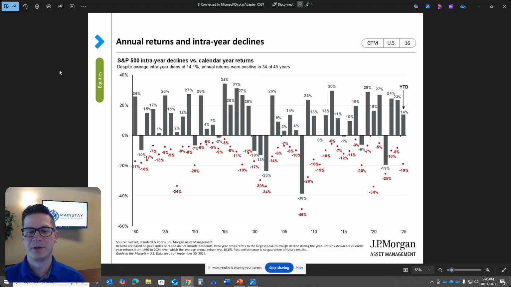Very simply, we have the market returns from 1980 all the way up until September 30th of this year. The gray bars are essentially where the S&P 500 finished in that particular year, whether on the positive or the negative.